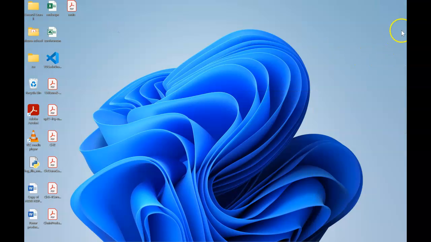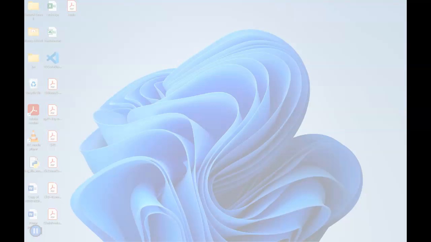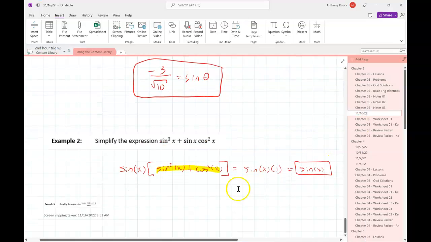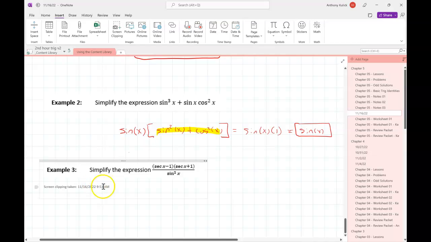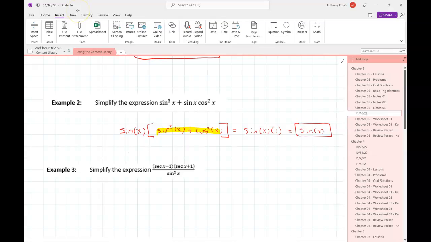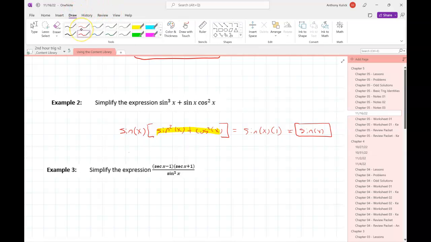Let's do another. Let's say we want to simplify the expression secant x minus 1 times secant x plus 1, all over sine squared x.